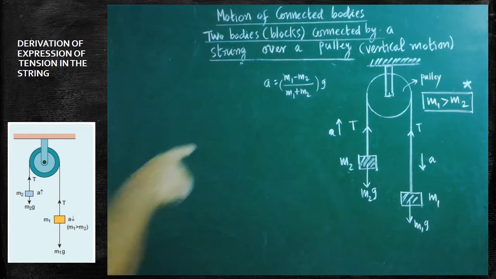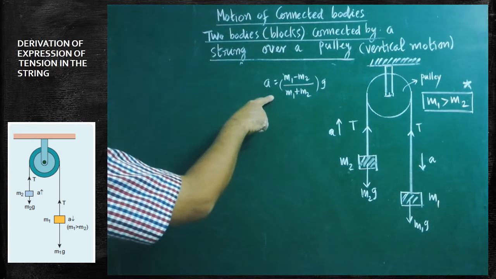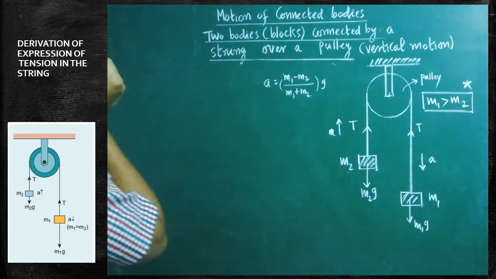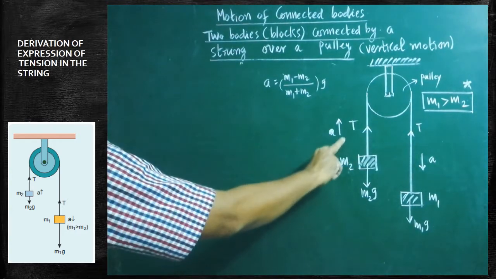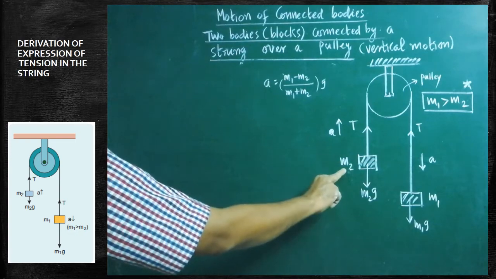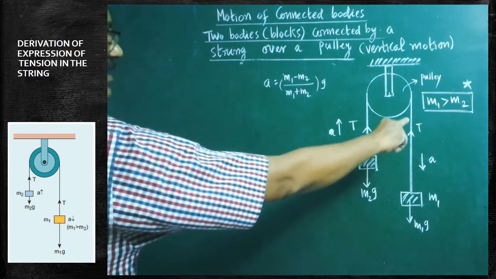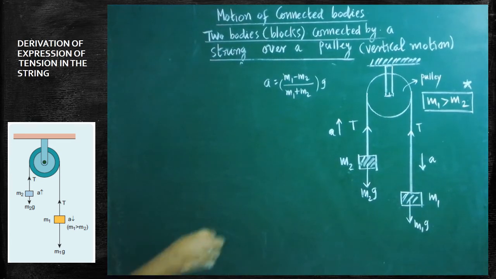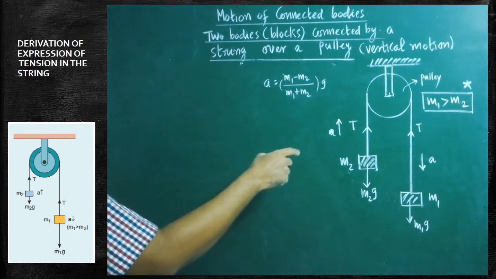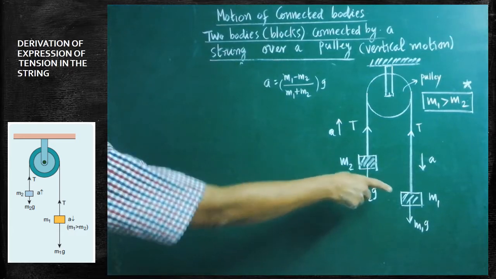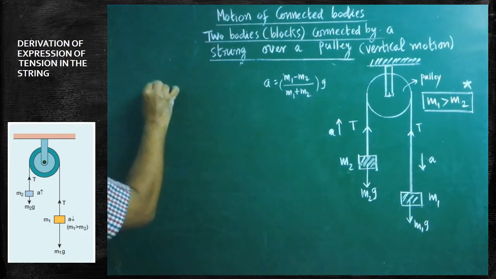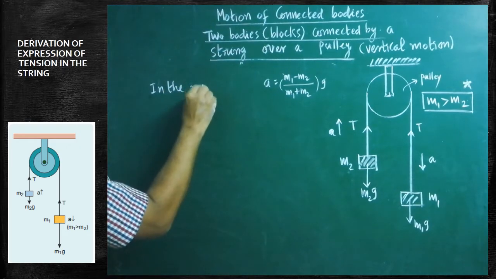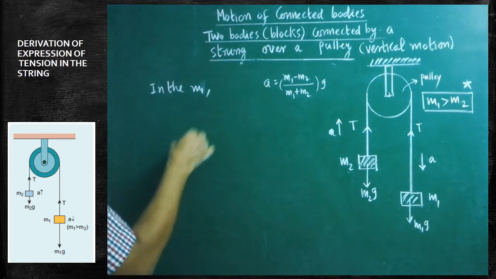Acceleration is also a vector, and we have to represent the direction of the acceleration in both the strings. Here the acceleration is acting upward in the case of m2, and downward in the case of m1. So I will write the vectorial representation of acceleration for mass m1. How will you represent the acceleration equation?